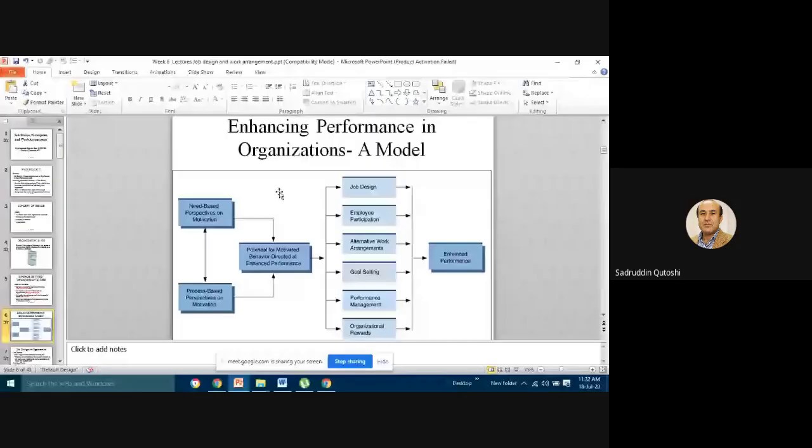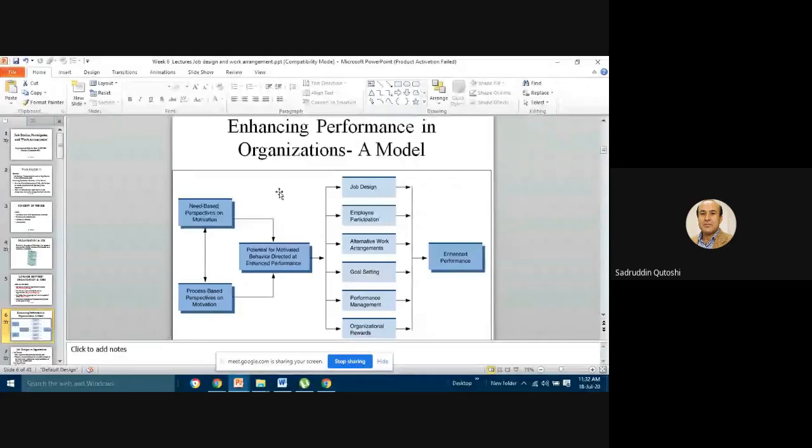In these two perspectives, motivated people potentially contribute to organizational performance, so they can enhance the performance of the organization.